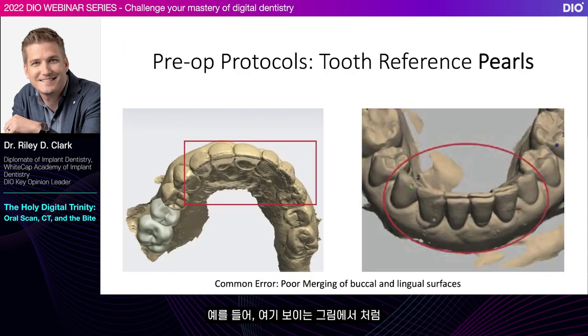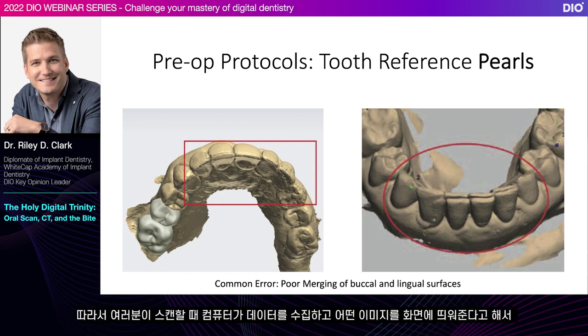For example, in the images you're seeing here, the buccal and lingual contours of the teeth were not properly aligned, and you can see that when you zoom in on the incisal edge. Do you see that difference between the buccal and the lingual contour? Those differences were not merged properly, and that's actually an inaccurate data set.